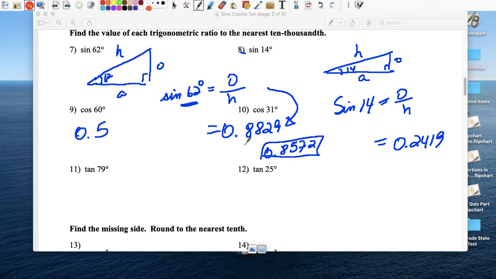Tan of 79, second function, tan, 79, enter, we get 5.1446. Tan of 25, second function, tan, 25, enter, we get 0.4663. Okay.